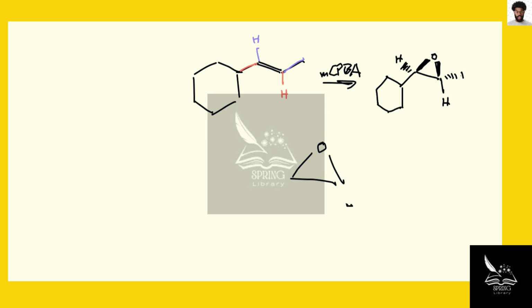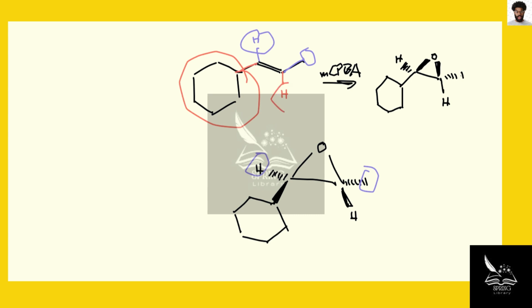So I'd say wedge to hydrogen, wedge to cyclohexane, and dash to hydrogen, dash to methyl. Right? That's these two are both on dashes, and these two are both on wedges.